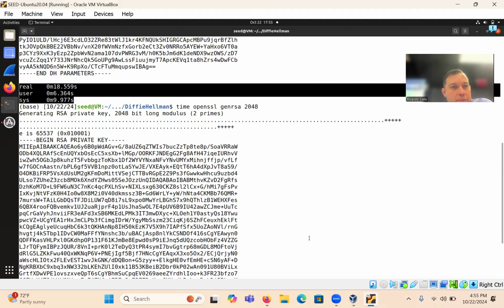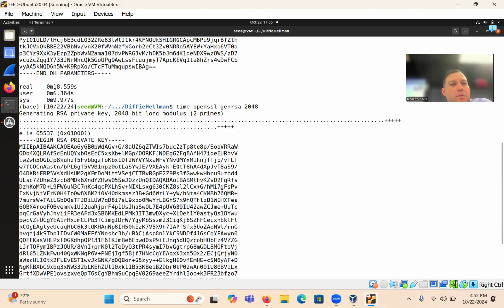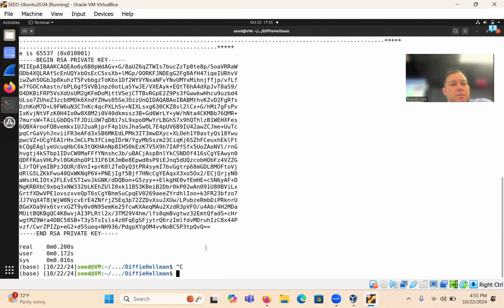All right, so Diffie-Hellman took 18.69 and RSA 0.00. Do you guys see that? So you notice that RSA was faster, correct? Statistically, at the time. Yeah.